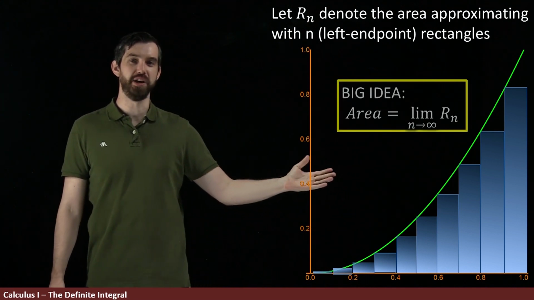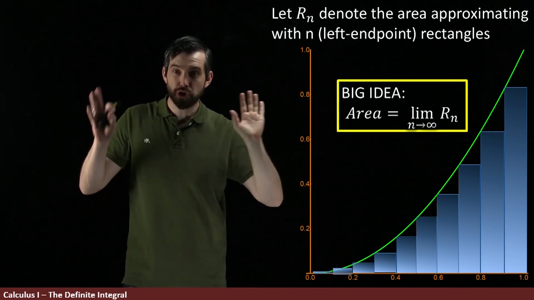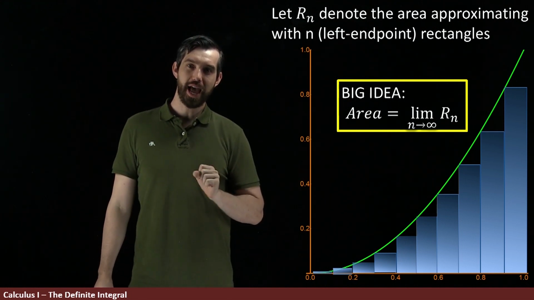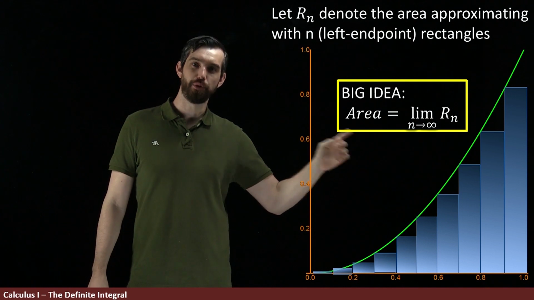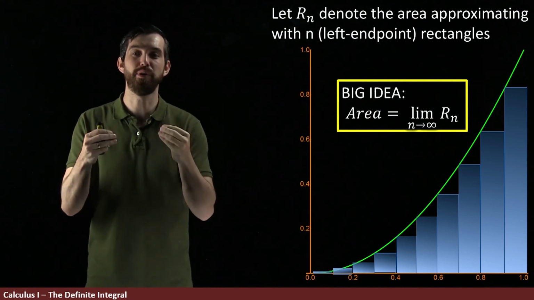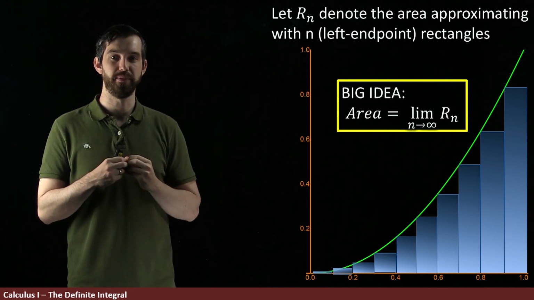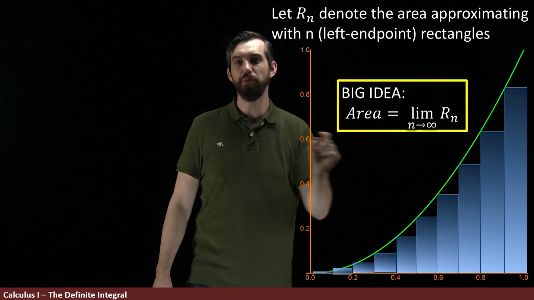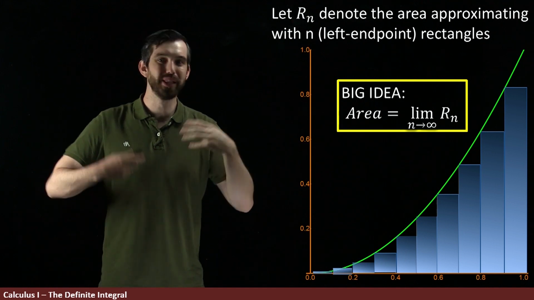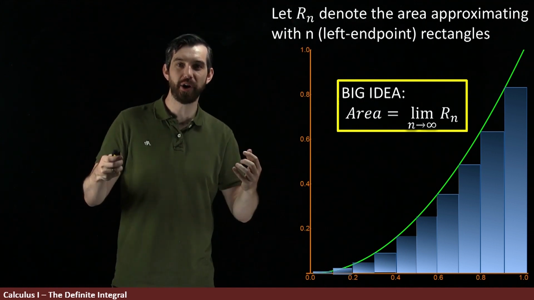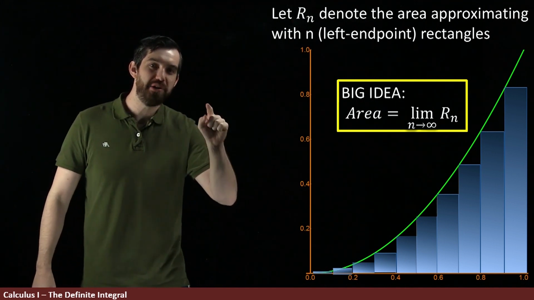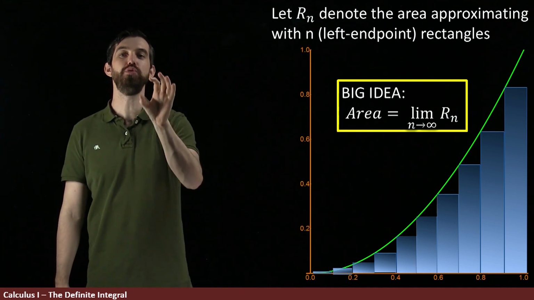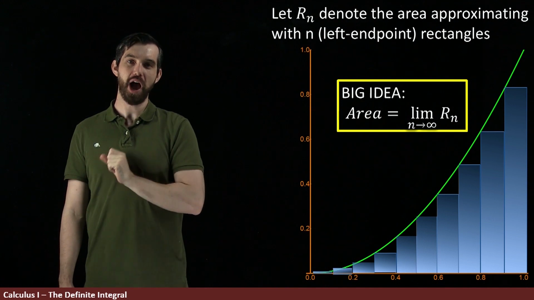The big idea here is that the true area, the actual value, is equal to the limit as n goes to infinity of Rn, the rectangle approximation with n intervals. That is, as you allow n to get bigger and bigger and bigger, your approximation gets better and better and better. These little holes get smaller and smaller and smaller, and you approach the area underneath this curve.